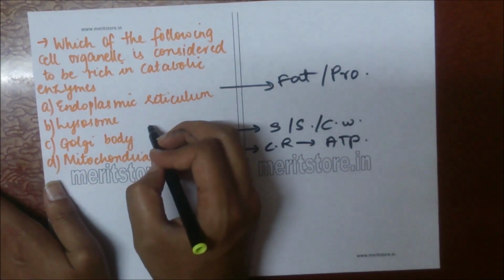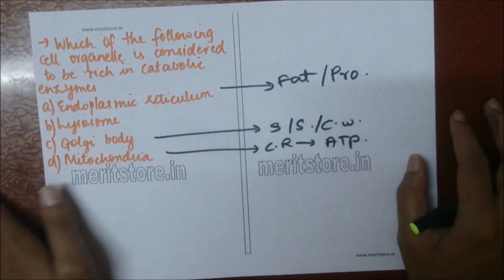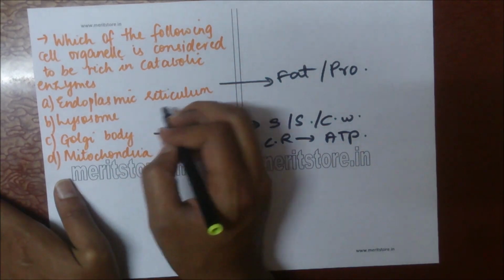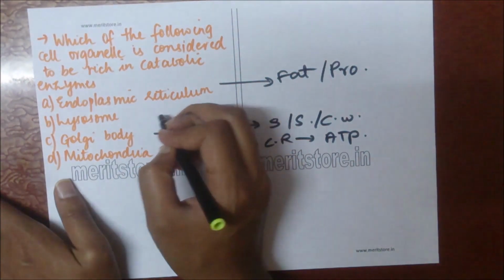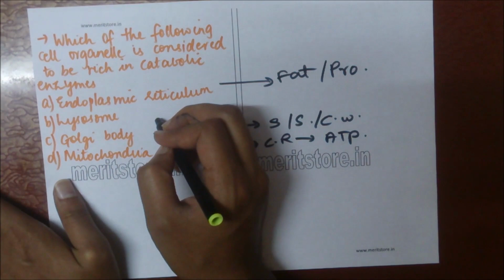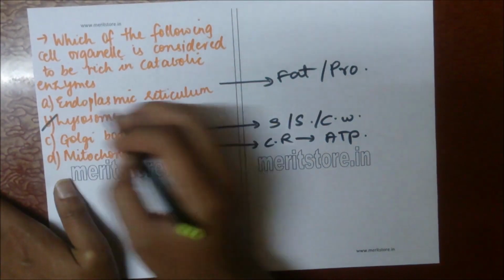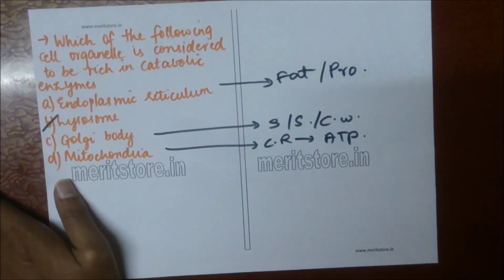Lysosomes consist of enzymes and destroy particles present in the cell, or at times destroy the cell's own organelles. This is known as autolysis or phagocytosis. So the organelle rich in catabolic enzymes is the lysosome, also known as suicidal bags.